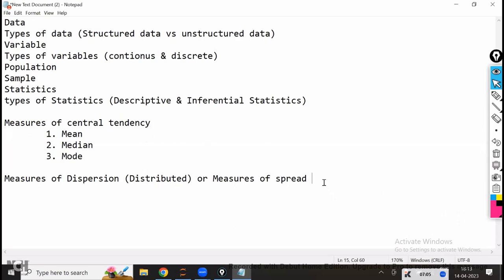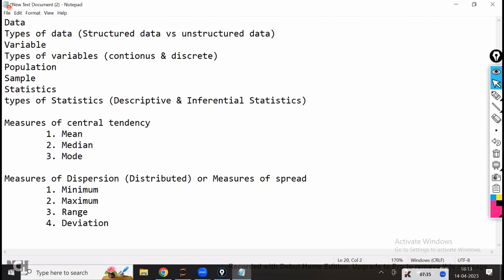Within the measures of spread, we discussed, one, the minimum value; two, the maximum value; three, the range function. Next we saw the deviation.